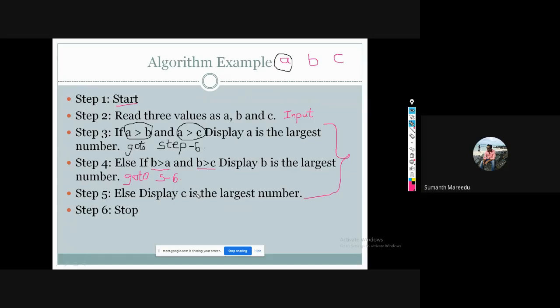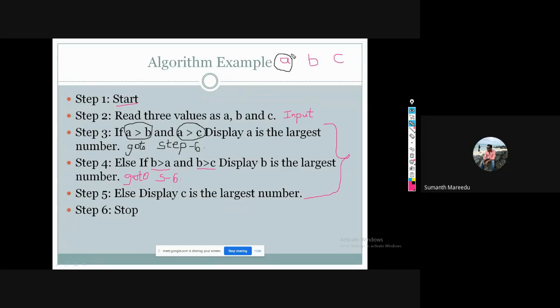So when it comes to step number 4, when step number 3 fails, it indicates A is not the largest. Now the largest number is either B or C. So in step number 4, I'm verifying the possibilities for B to become the largest.